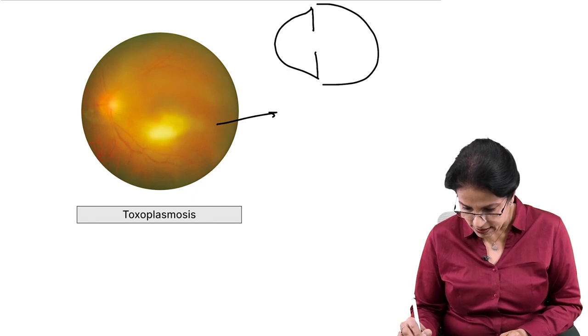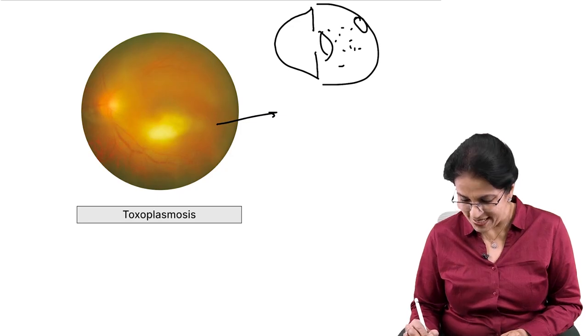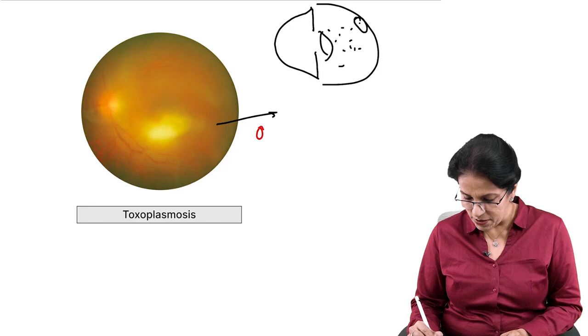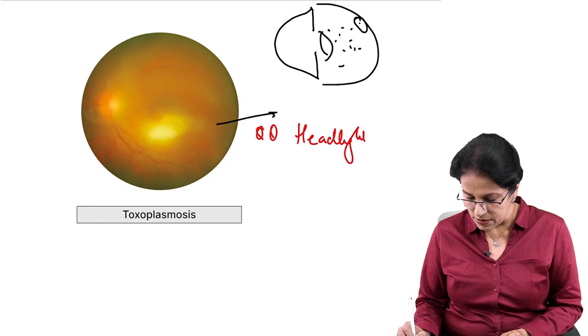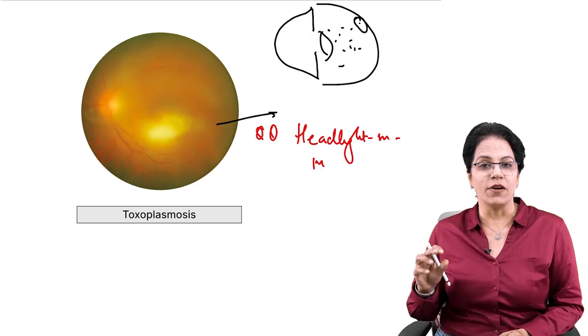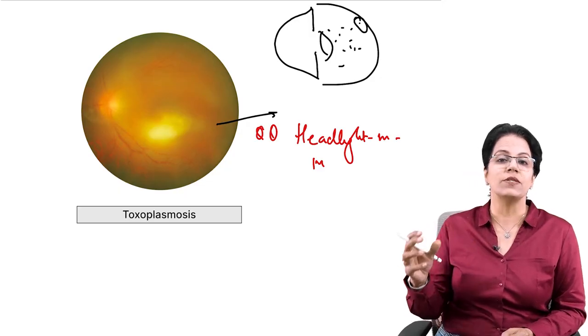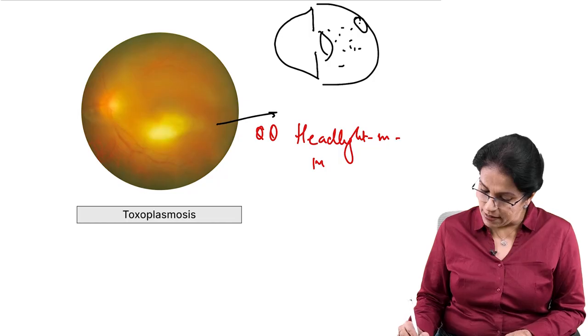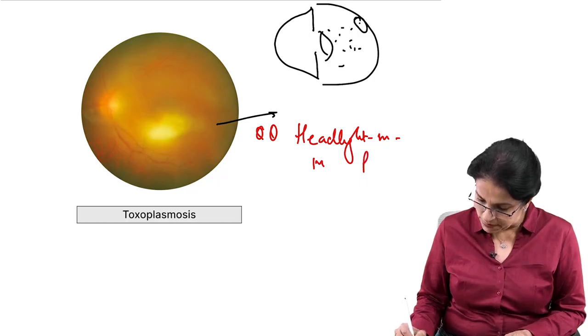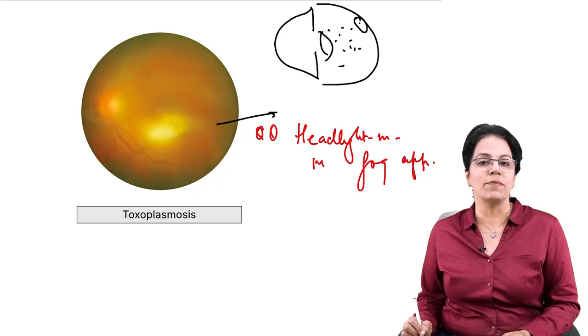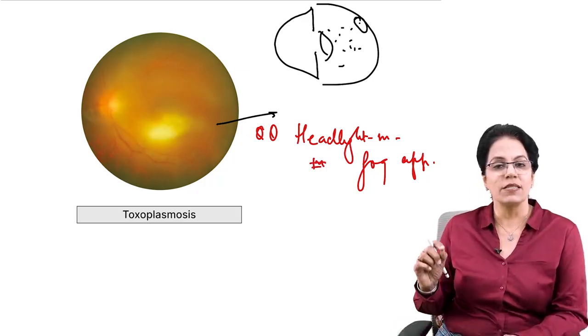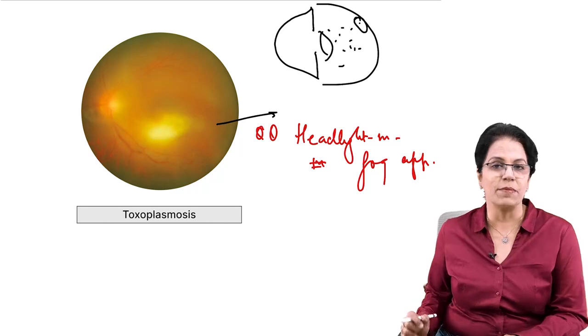Due to intense vitritis, the choroiditis patches that we see look hazy, and this is what everybody knows: the headlight in fog appearance, as if I'm looking at the headlight through a fog. What is the fog here? Intense vitritis. So headlight in fog appearance. That is one very important exam question we keep in mind.